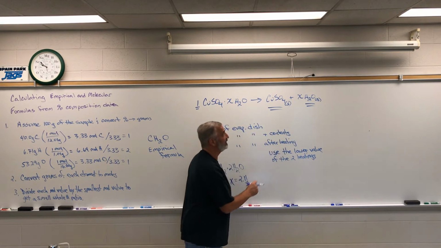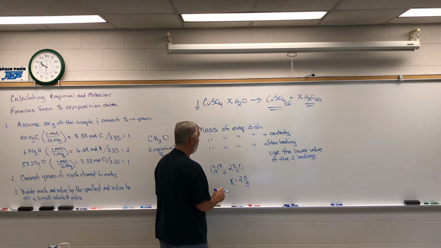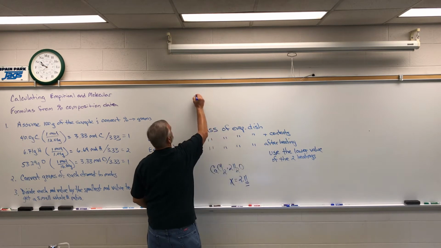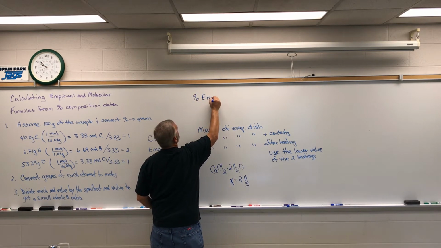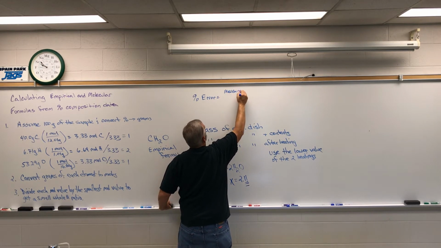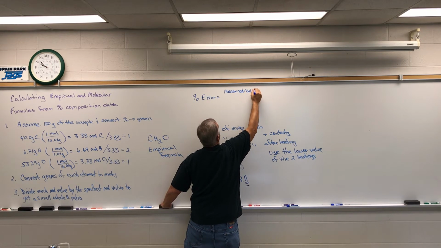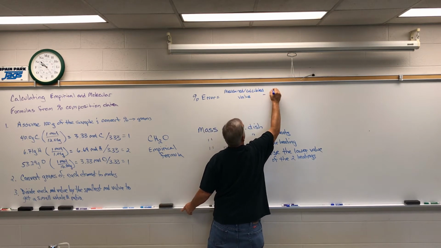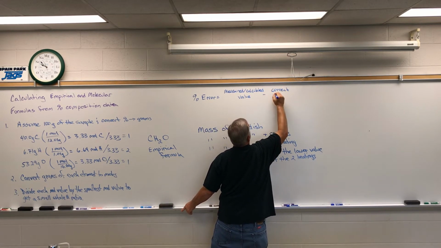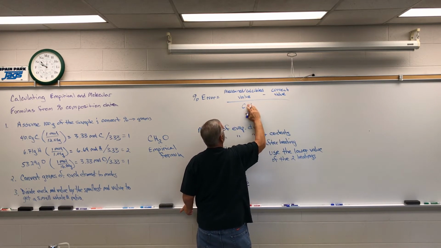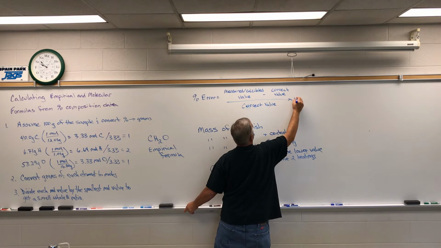If you recall, percent error is equal to your measured or calculated value minus the correct value, the right answer, divided by the correct value, times 100.